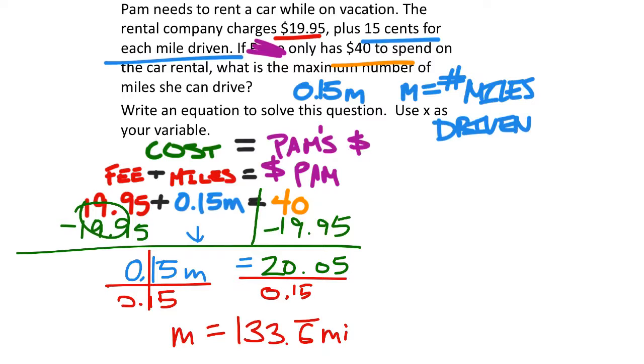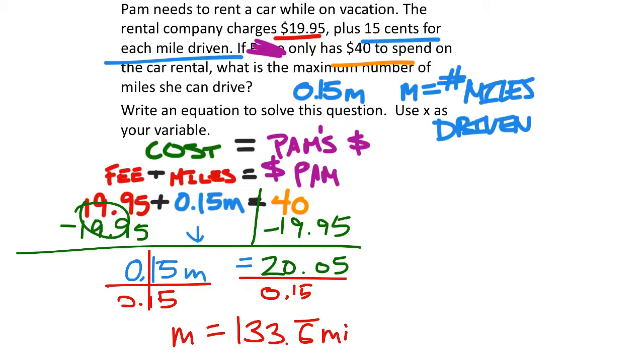But the question on this one was, what is the maximum number of miles she can drive? Well, this would be for equality. However, this one is also saying that she's going to drive 133 miles and then a portion of a mile. Well, with what little experience I have with renting cars, they don't allow you to drive a portion of a mile without charging you the full mile.